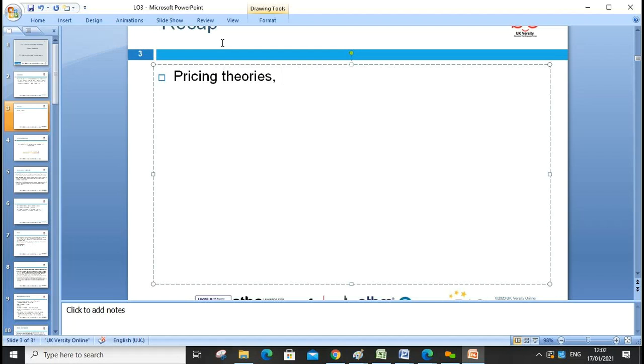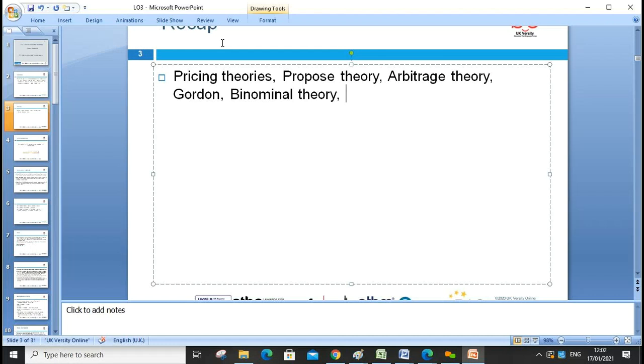We learned about arbitrage theory, Gordon, binomial theory, and the Fisher effect.